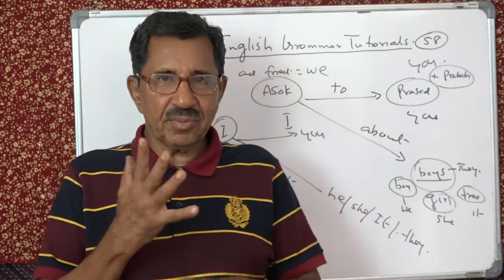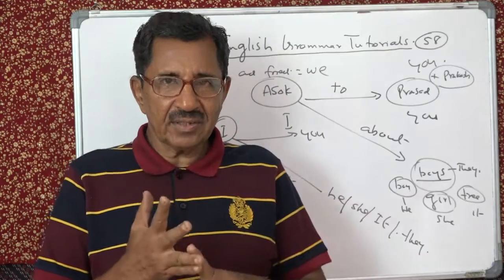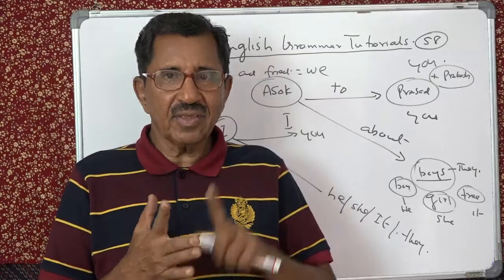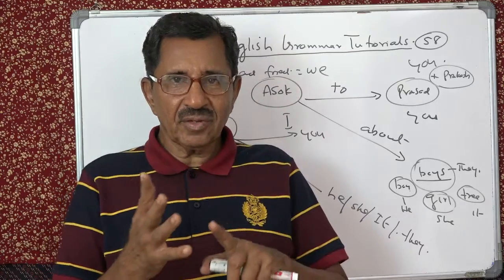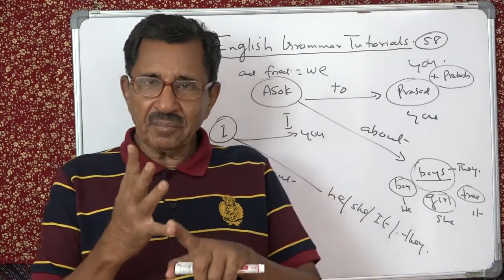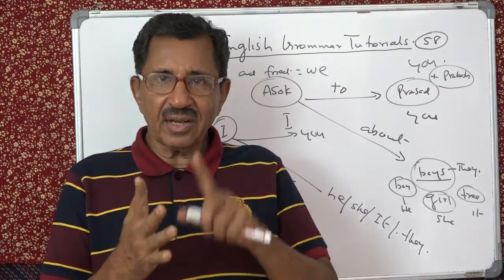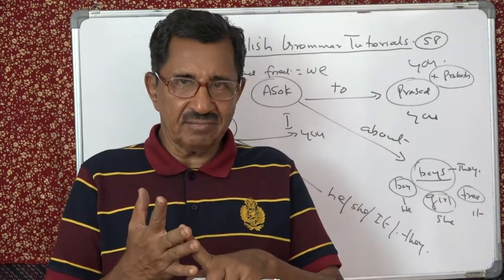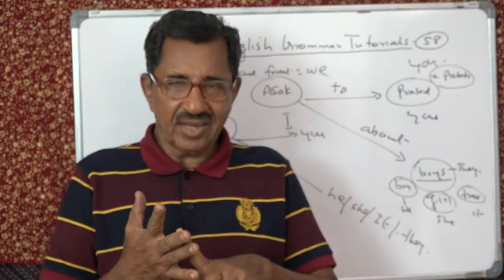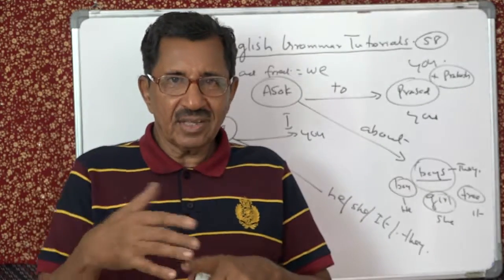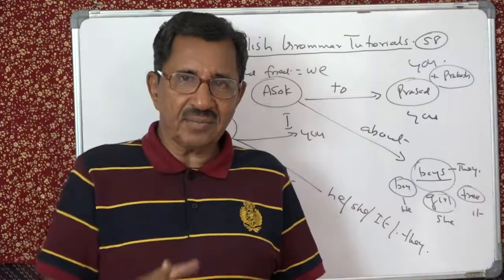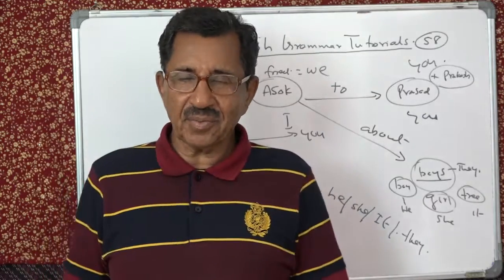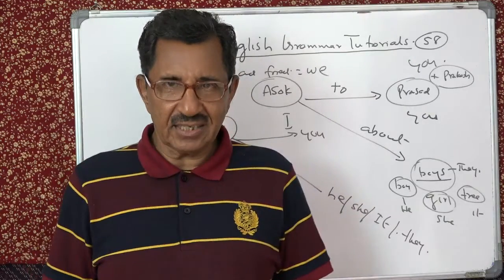Like first person singular, second person singular, third person singular. Then for third person we have third person male, third person female, third person neuter. And then we have plural: first person plural, second person plural, and third person plural. No difference in gender.